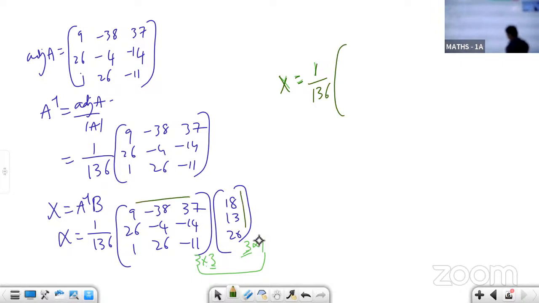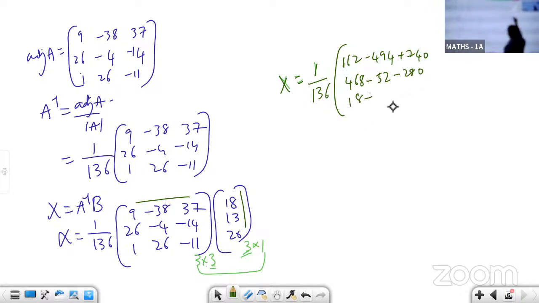How much am I going to get? That is 162 minus 494 plus 740. Next, 468 minus 52 minus 280. Next, 18 plus 338 minus 220.